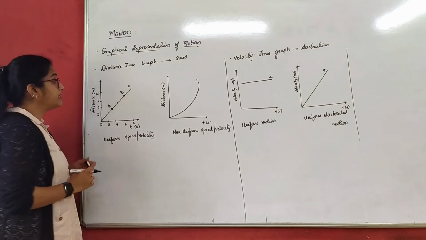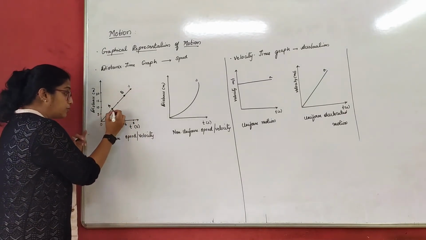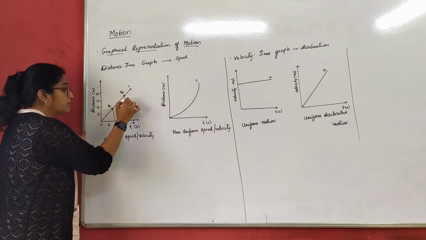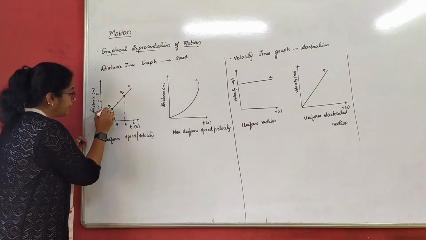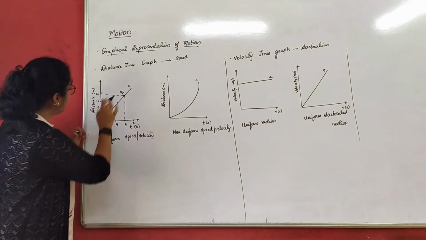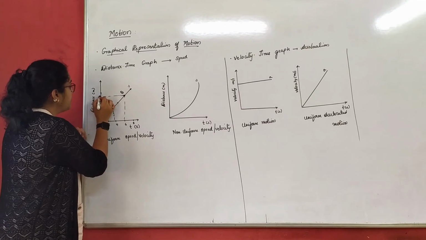So how do you write this? At that point of time, we draw perpendiculars to the x-axis. Similarly, we draw perpendiculars to the y-axis. My perpendicular is not looking like a perpendicular, just assume this is a perpendicular.